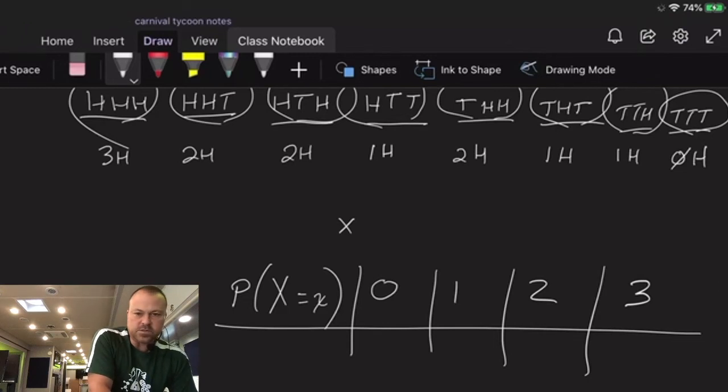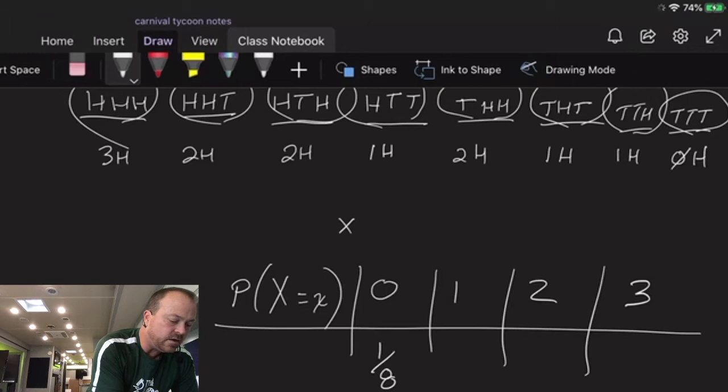All right, for 0, how many zeros did we get? Well, we need to count that up. 0 heads. It looks like there were 8 total outcomes here, and there was only 1 that came up 0 heads. So 1 out of 8. And 1 out of 8 happens to be 0.125.